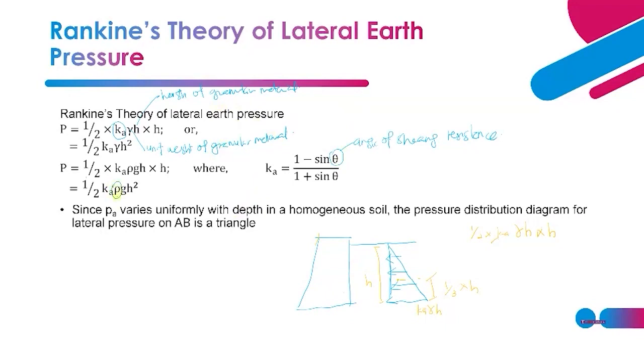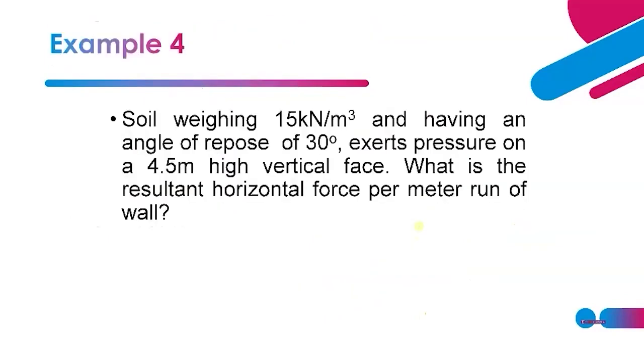So sama juga. This is density darab dengan gravity acceleration. So you boleh convert pada unit weight or you can calculate terus dalam ni pun boleh juga. But don't forget to divide by 1000 because you need to convert from Newton to kilonewton. Since the PA varies uniformly with depth, the pressure distribution diagram for lateral pressure on AB is a triangle. We're going to look at example number 4.